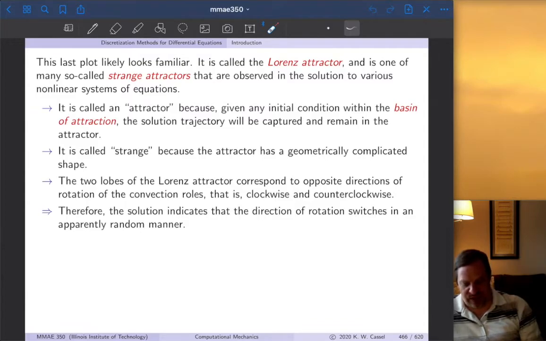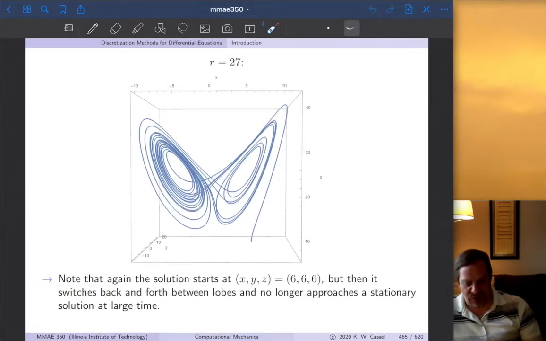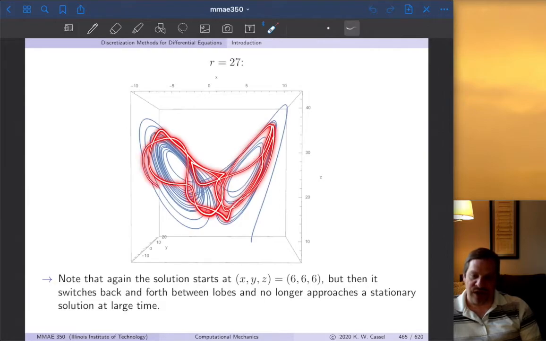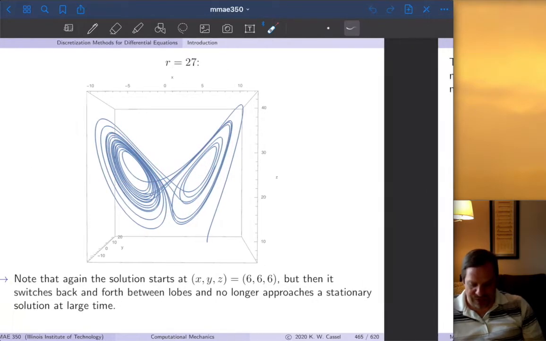As long as you're in the basin of attraction where you start, you'll eventually get drawn into, or attracted into, this region. So we started out here, but it gets attracted into this strange attractor, the Lorenz attractor. Whether I started here, here, or here doesn't really matter. We're going to see the same basic strange attractor structure developing.